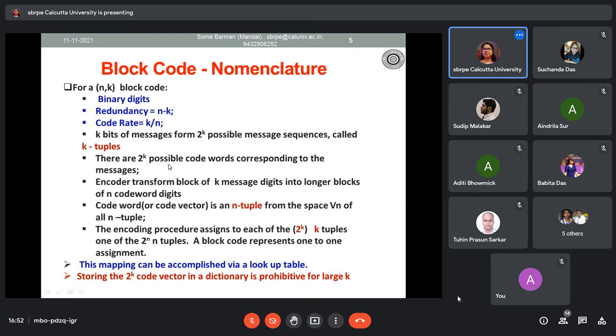Now, when you are designing the code, what is the function of the encoder?